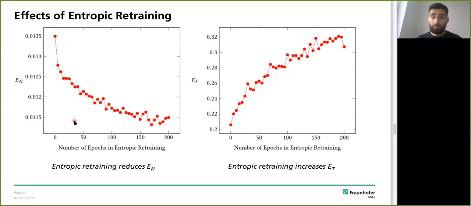EN decreases, similar to the observation by Terzi et al. Not only adversarial training decreases EN, but also entropic retraining decreases EN. And similarly, ET is increased during entropic retraining, as this was our optimization goal, as this was part of the loss function which we used during entropic retraining.